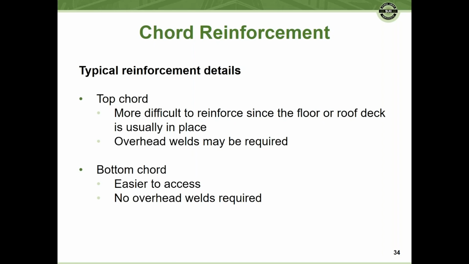When we look at chord reinforcement, top chords are typically more difficult to reinforce since the floor or roof deck is usually in place, causing a bit of a challenge for the geometry. And with top chords, we're going to have to do some overhead welds. The bottom chords are a little bit easier because the access is better. With bottom chords, we try not to have overhead welds because in most cases, we don't need them.